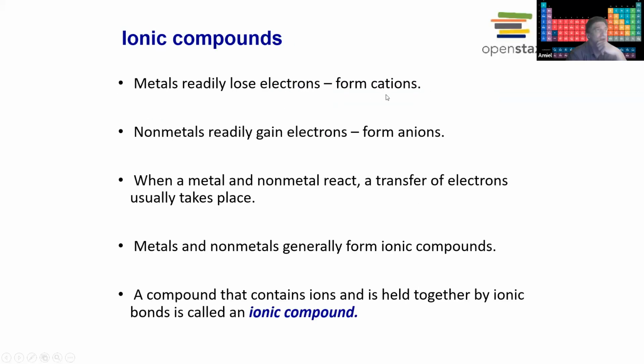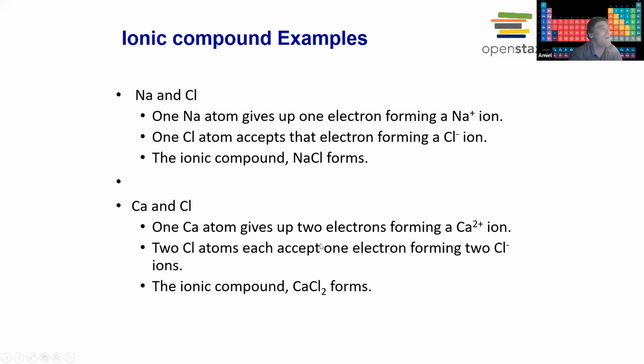Metals lose electrons to form cations. Nonmetals gain electrons to form anions. You can see that in the table I just showed you. When a metal and nonmetal react, the electrons are transferred. That is an ionic compound. Here you see the example of sodium and chlorine, and another example of calcium and chloride.